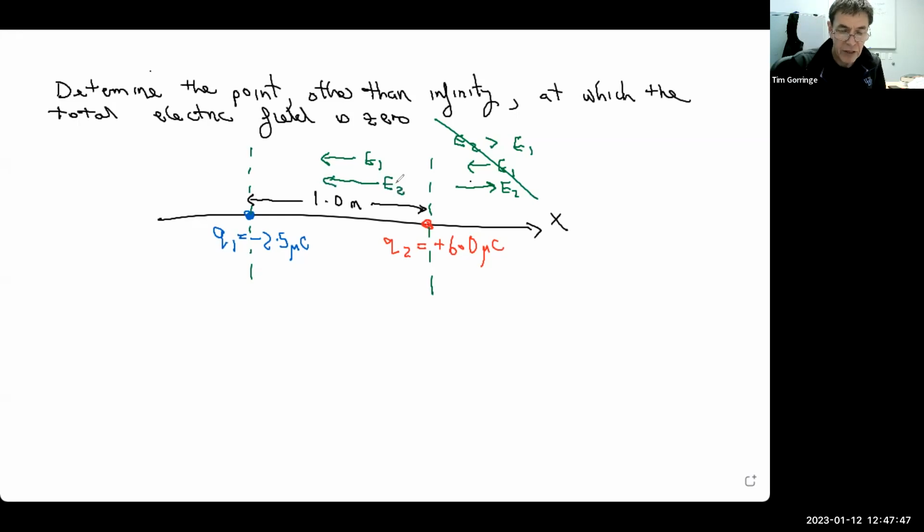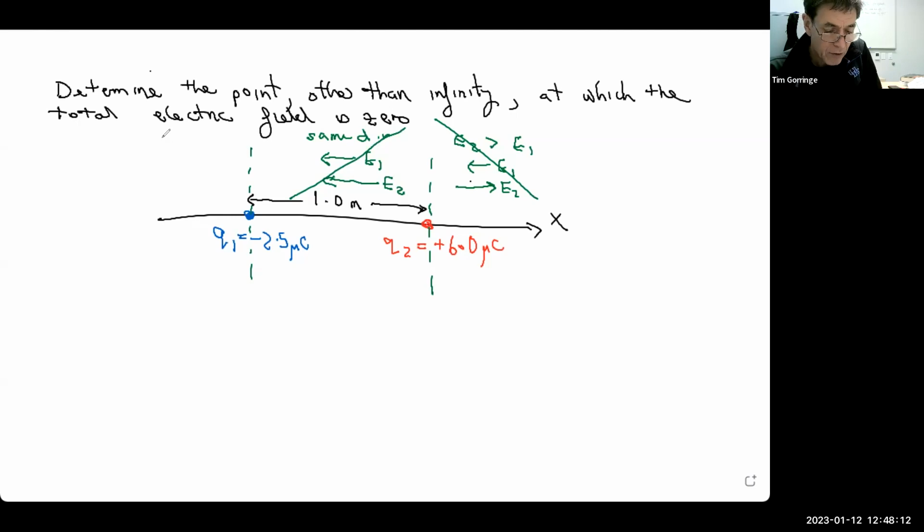So in this region, both fields are actually in the same direction. They're both pointing towards the left, because towards the left is towards the negative charge, away from the positive charge. So the two fields can't cancel out because they're simply in the same direction. So this doesn't work either.